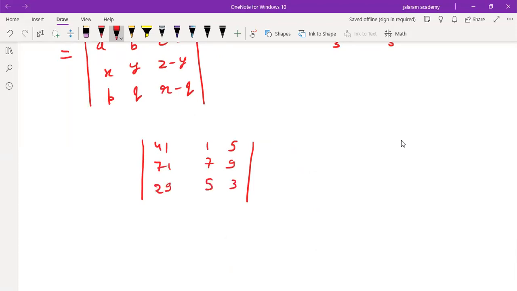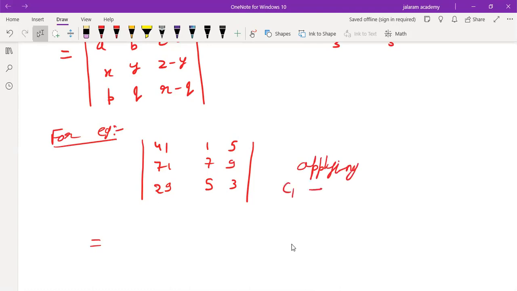Okay, so how to solve this? For this, we write applying... we are observing that C1 is largest and we have to bring 0 and 1.